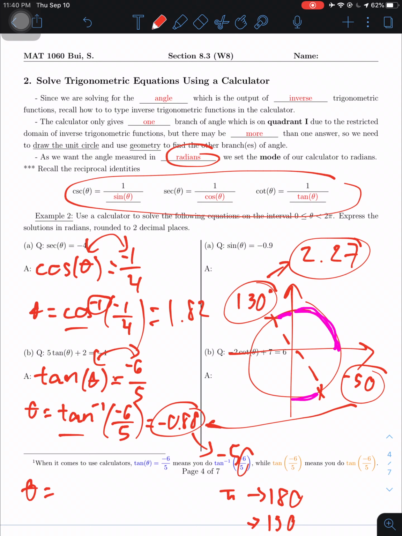And we know that one circle is 360, that means 2 pi. And 2 pi, if you put it into the calculator, is 2 times 3.14, right? And 2 pi would be 6.28, okay?